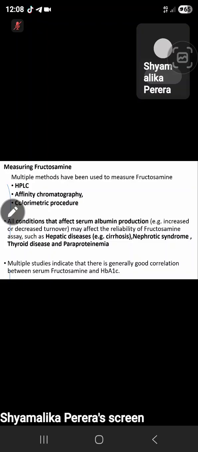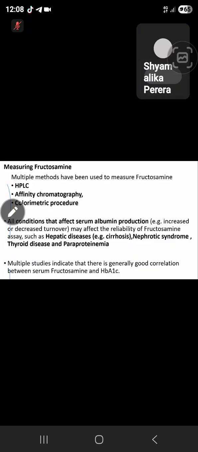If you have liver disease, your albumin production is altered. Imagine that if you have any other renal disease where you are losing your albumin, it will affect your total albumin level in your blood. So in those situations, your serum albumin levels are changed, and that will affect your fructosamine assay.